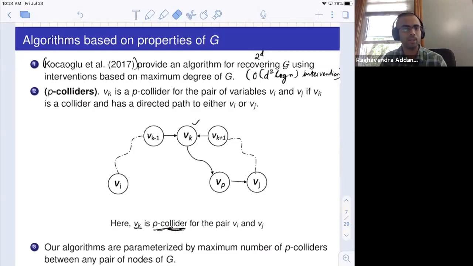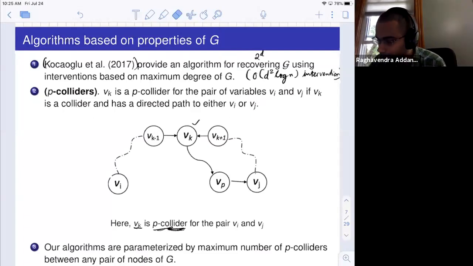So we define p colliders as follows. I'll go over the definition later a bit more formally, but if there is a path between Vi and Vj, we say Vk is the p collider for the pair Vi and Vj if it lies on a path between Vi and Vj such that there are two arrows incoming onto Vk on this path.